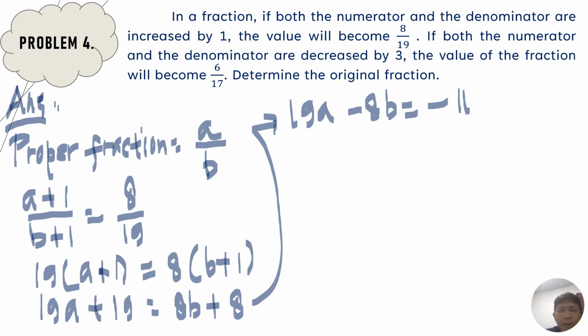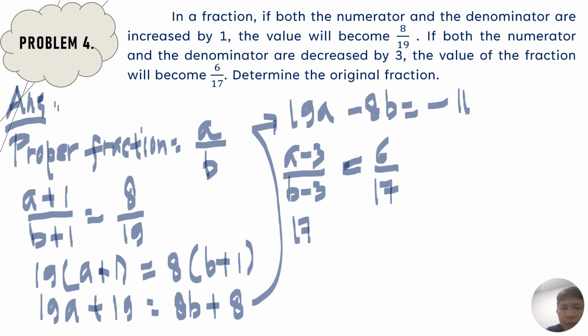And they say in the next sentence that if both decrease by 3, the value will become 6 over 17. So we're going to write it as (A minus 3) over (B minus 3) equals 6 over 17. Then we do the cross multiplication. So 17 times (A minus 3) equals 6 times (B minus 3).